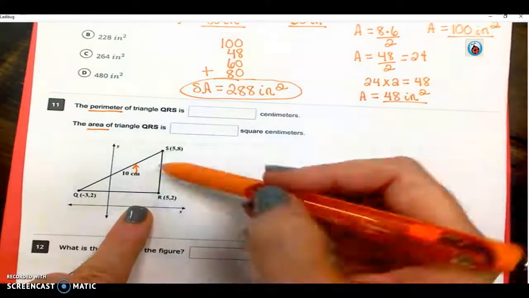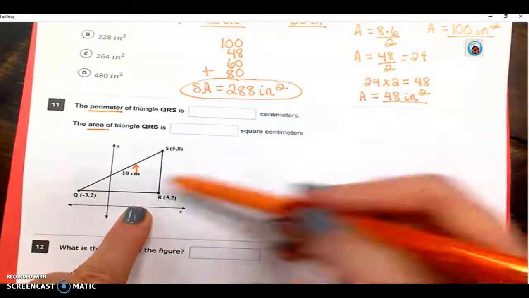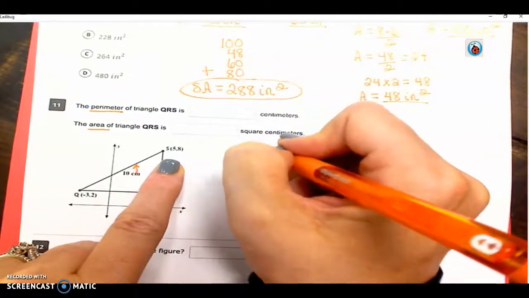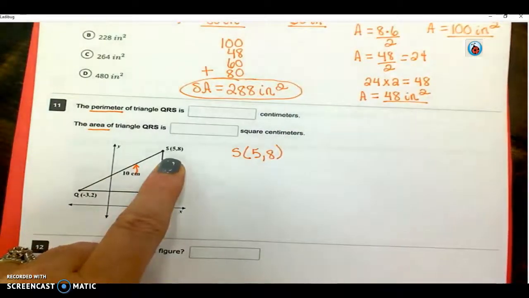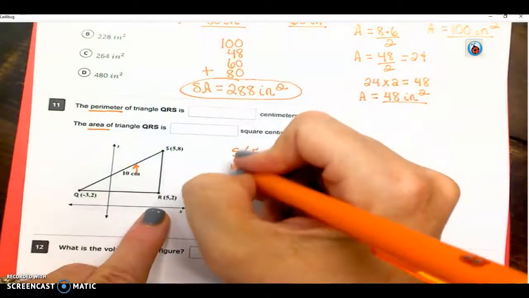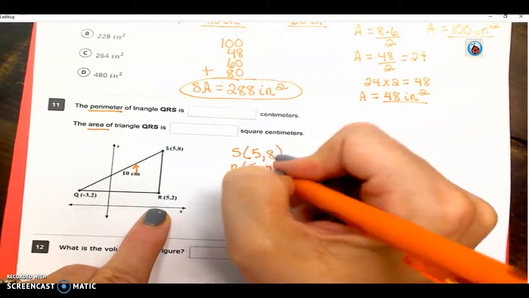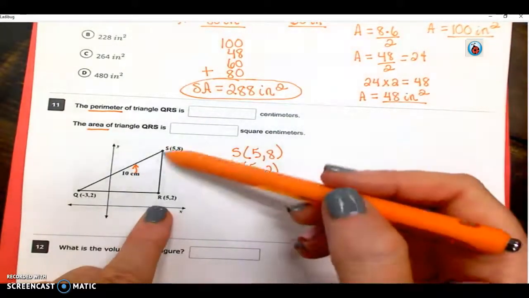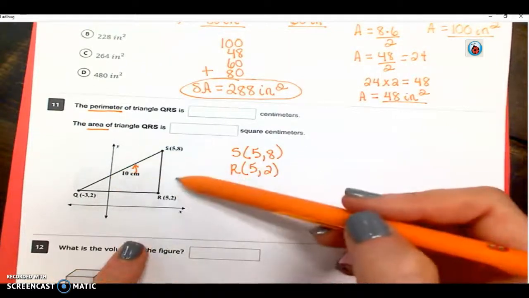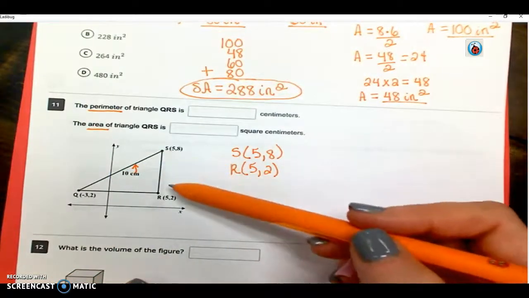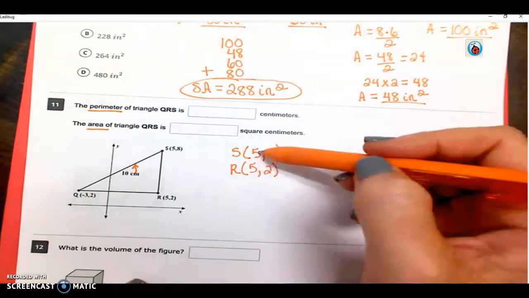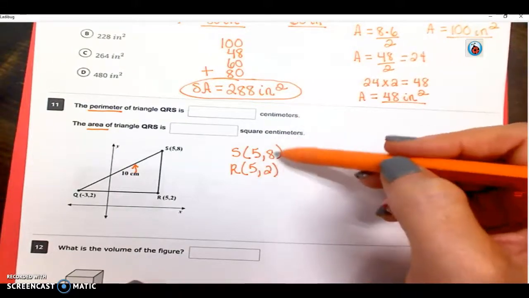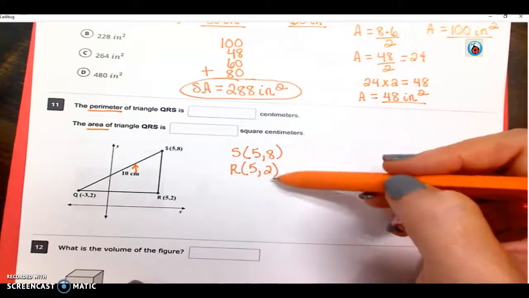So if we start with trying to figure out this side length, we're going to write down point S is at 5/8. So there are your ordered pair, your coordinates there. And then R is going to be 5/2. Okay, so what we're looking at here are 2 points that are in the same quadrant. So if the ordered pairs are in the same quadrant and your X values for both ordered pairs are the same, then you are going to subtract the absolute value of the Y coordinates.